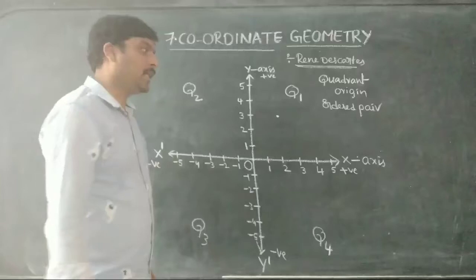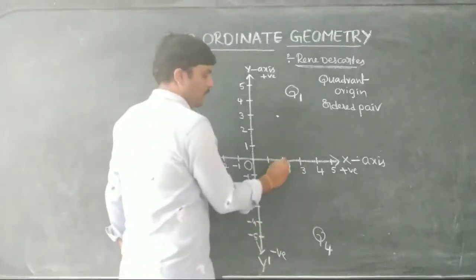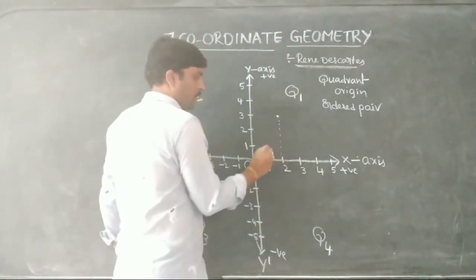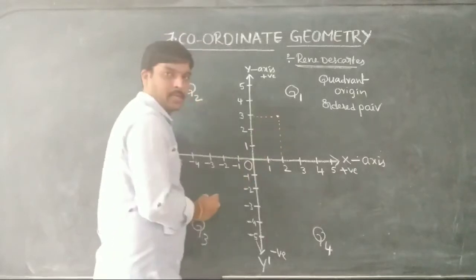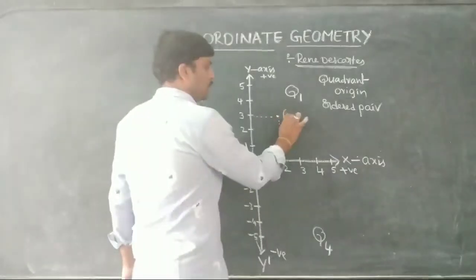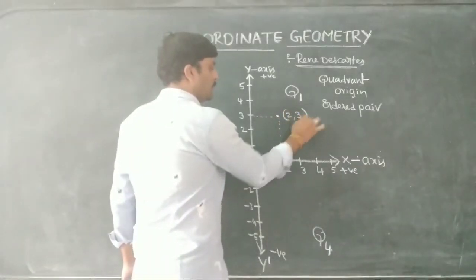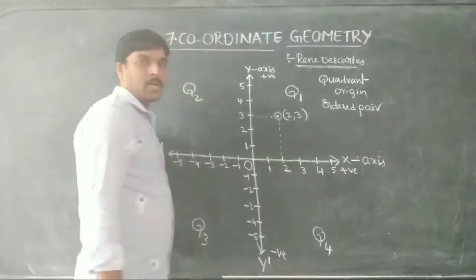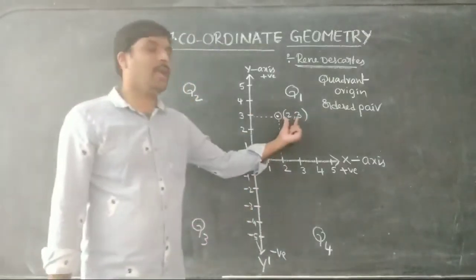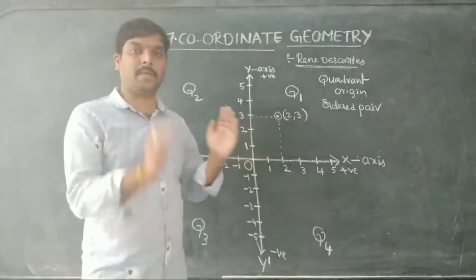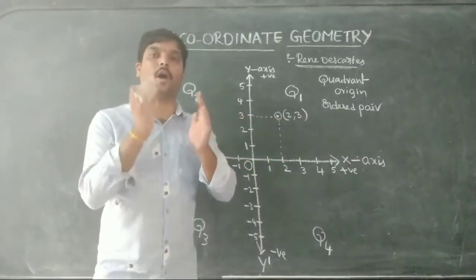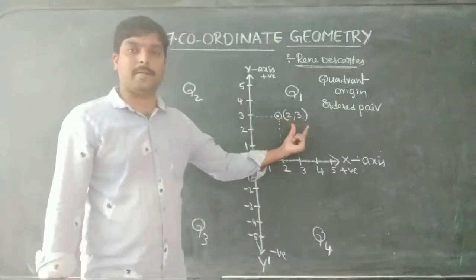For example, here it is from 2 up to 3, so this is (2, 3). A pair of elements separated by commas and kept in brackets is called an ordered pair.